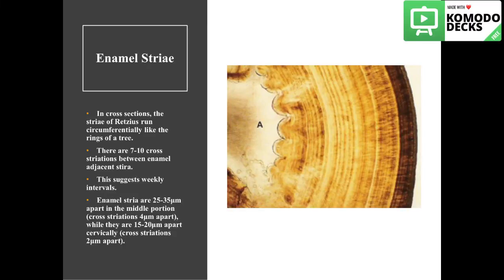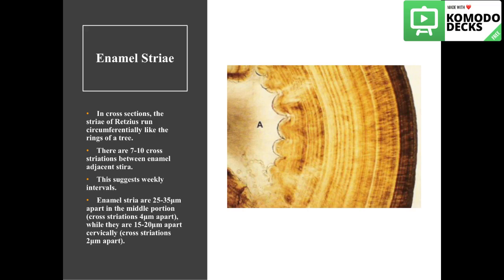In a cross section, like the one we see here, this is the enamel, this is the dentino-enamel junction, and this is the dentine. So the striae of Retzius run circumferentially like rings of a tree, as you can see them. These are striae of Retzius. There are 7 to 10 cross-striations between adjacent striae.